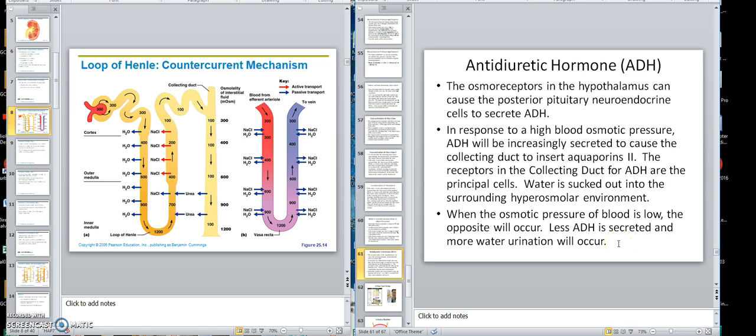So this gives you an idea. The further down you go, because of that countercurrent multiplier, the higher the osmotic pressure, and it's got to go through all that. So the more it goes out, the more it sucks, and it keeps the solution around here salty.